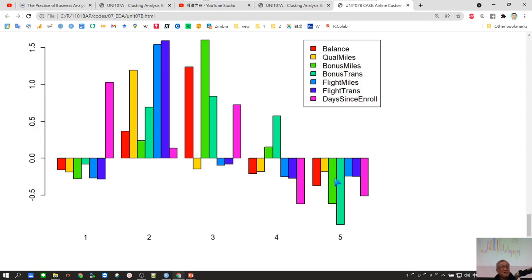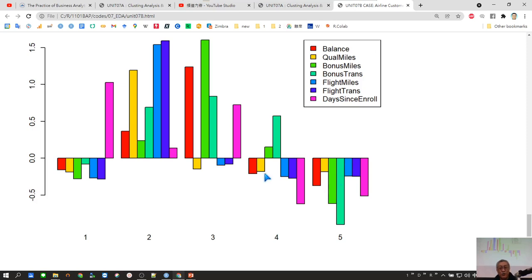They fly with us, and most of their mileage is earned from actually flying. So these are new customers that we acquired maybe within a year, and they earn their mileage from actually flying.